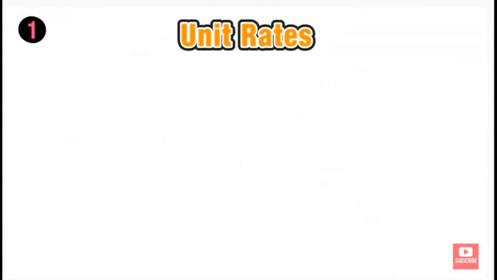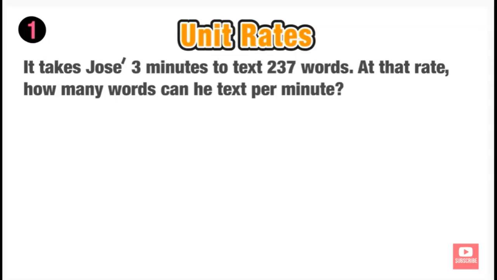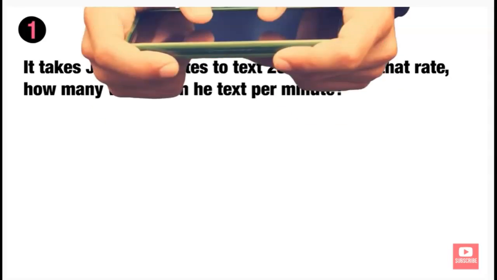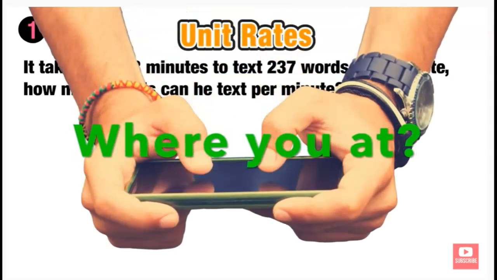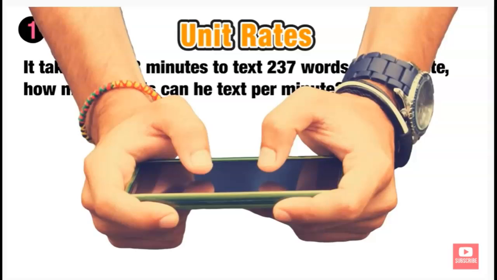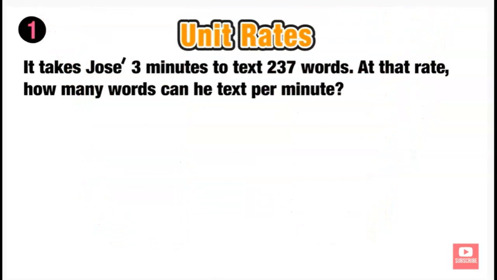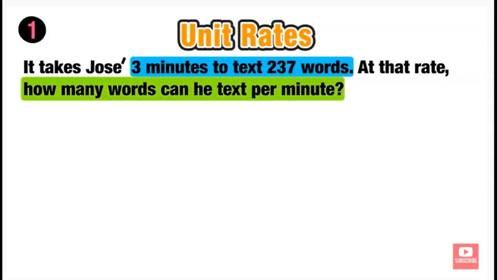So now we're ready to take a look at a few examples. In our first scenario, it takes Jose 3 minutes to text 237 words. At that rate, we want to find how many words he can text per minute. The key info in this question is that we already know the rate of 3 minutes to text 237 words, and we want to convert that into a unit rate of words per minute.